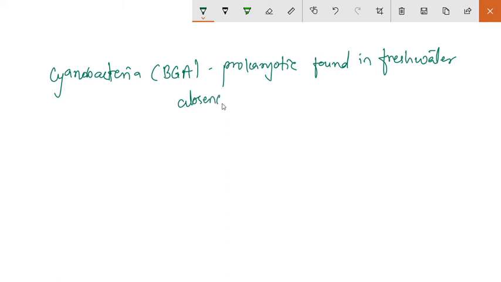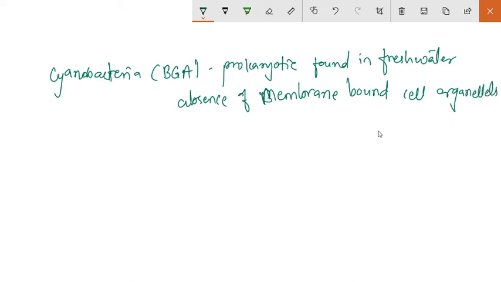There is an absence of membrane-bound cell organelles because it is prokaryotic. Therefore the membrane-bound cell organelles and a prominent nucleus are absent, because it is prokaryotic in nature.